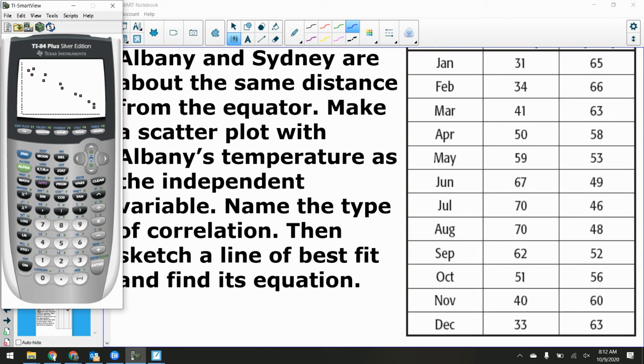It has an error. What's the error say? Invalid dimensions. Go back to stat and edit and clear that. Hit stat here, and then hit enter on edit. You've got list 2, list 3.